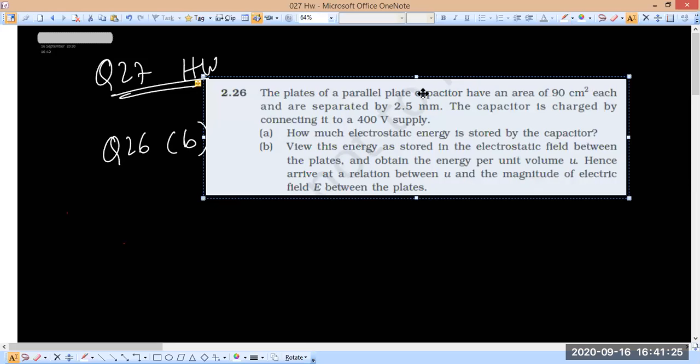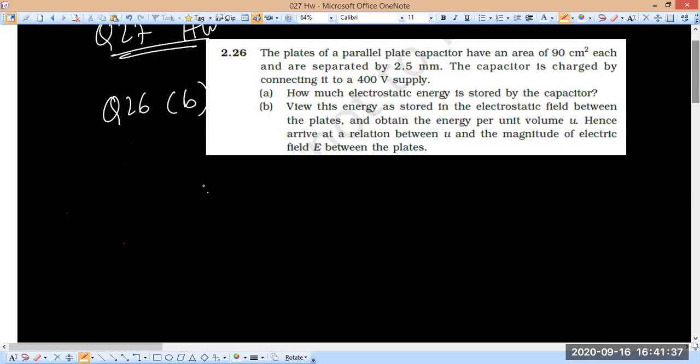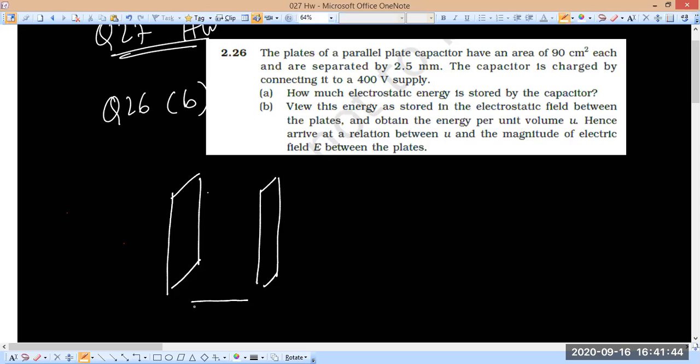Fine, let's start. It says that you have to consider a parallel plate capacitor. Let me just draw a large diagram. We'll need it, I think. Let's say this is a parallel plate capacitor, with some distance d between the plates, and let's say the area of the plate is A.